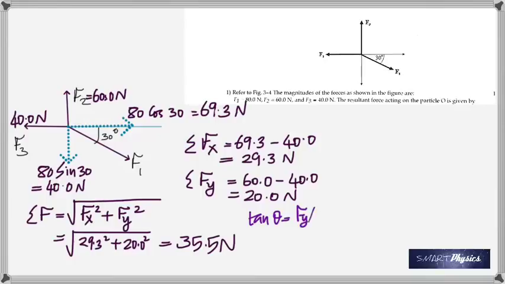And to find the angle, always take tan theta equals Fy by Fx, because Fy is the opposite side and Fx is the adjacent side of the right angle triangle, which I have not drawn. So that's how you get the magnitude of the force and the angle of the net force.